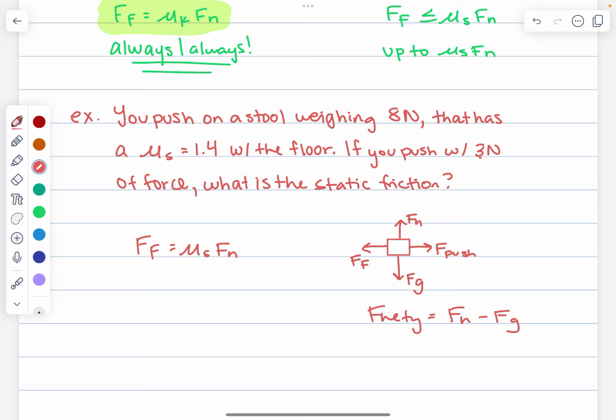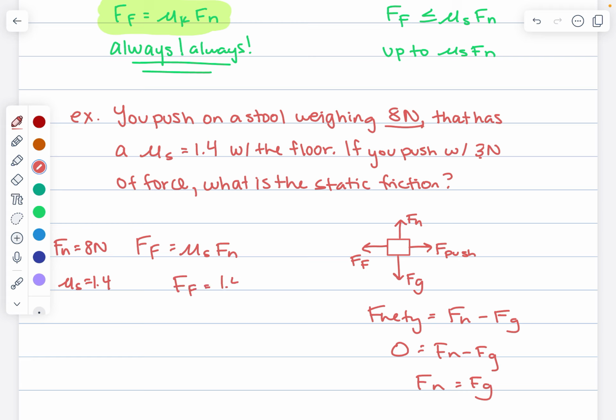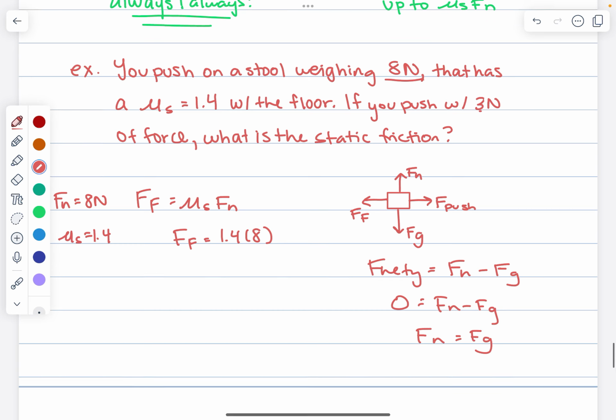This object, this stool, is not flying or falling, so F net y is 0. So Fn is in fact equal to Fg. So you might say, well, I know Fn is equal to 8 newtons, the weight of the stool. I know US is equal to 1.4, so I'm done. The force of friction is equal to 1.4 times 8, which is 11.2.